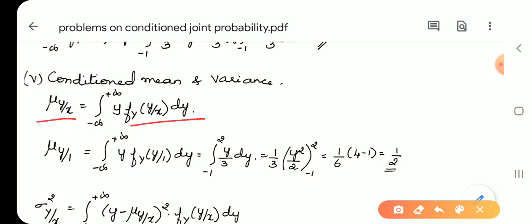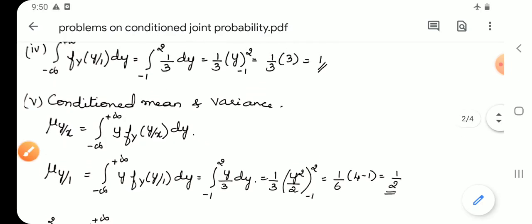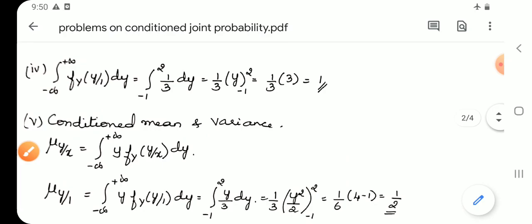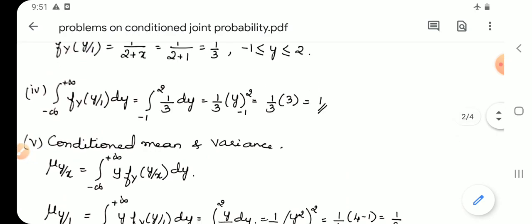So mu y, the value of x here is 1. The integral from minus infinity to plus infinity of y fy of y by 1 dy is equal to, just now we have found fy of y by 1.